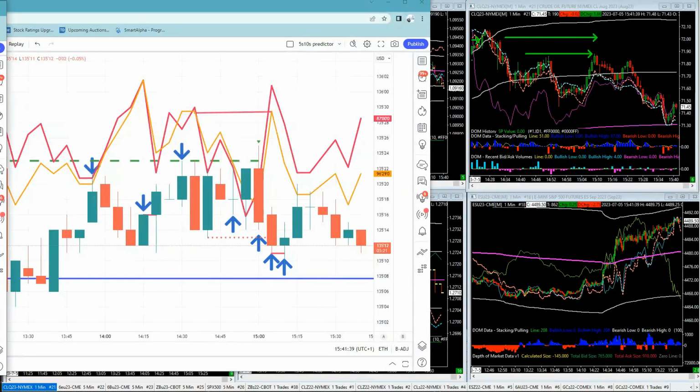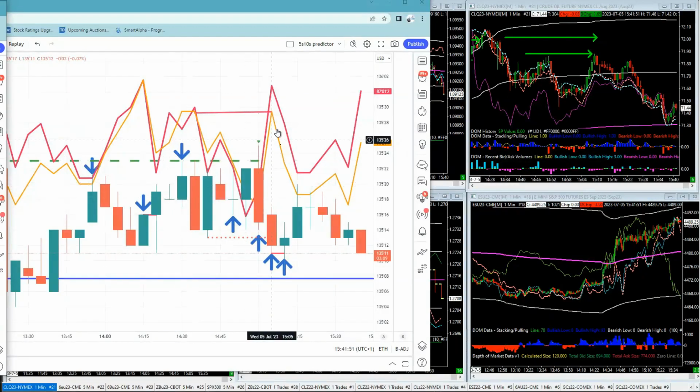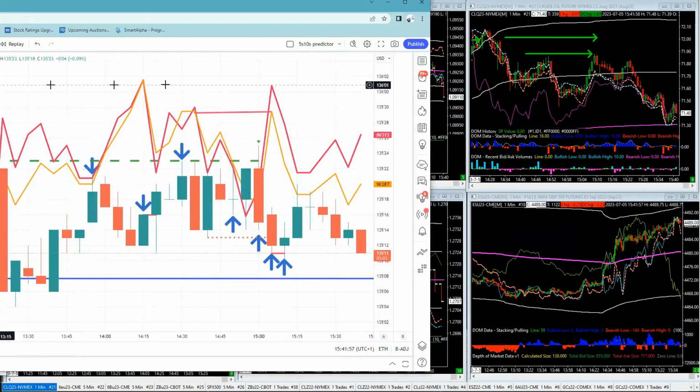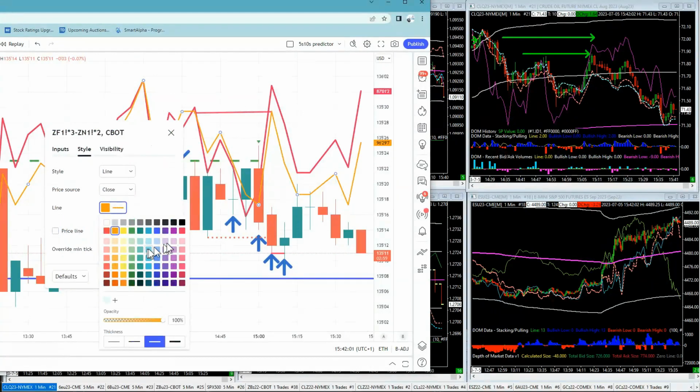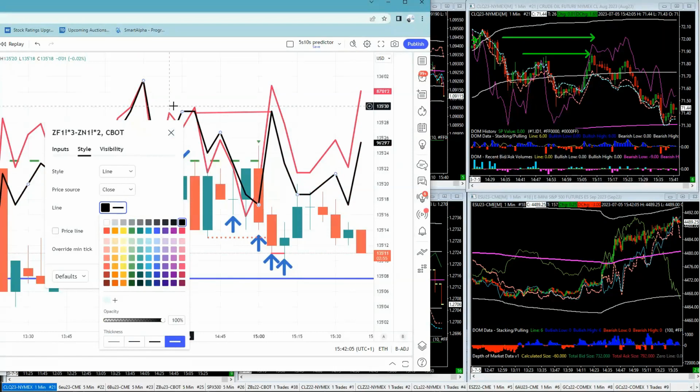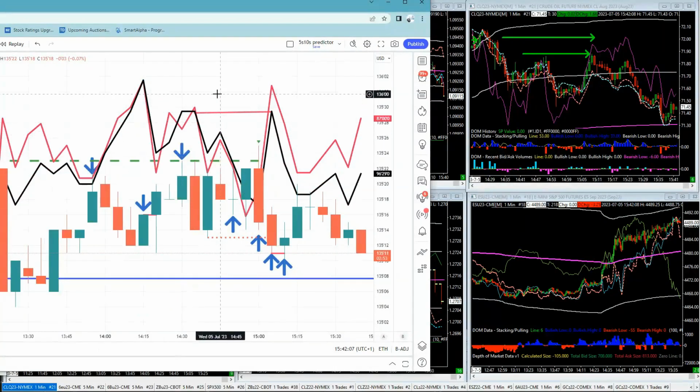And that's what we are looking for, that credibility to start showing up. So if you're selling the red line here, you obviously want to do the same on the other chart. So what we could do is change this 3x2s from an orange to a black line so that the tie-in is more obvious on the screens.